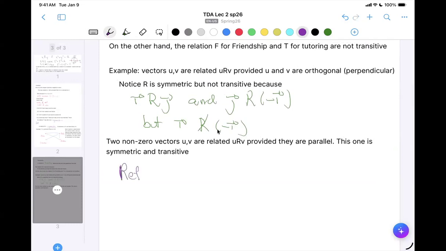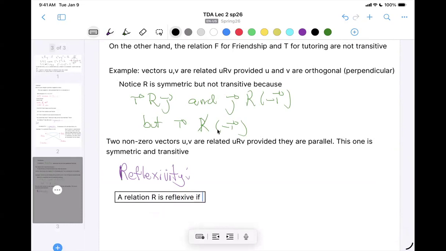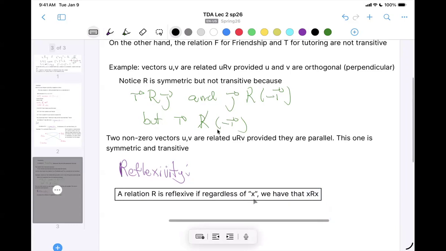So, reflexivity. You say that a relation is reflexive if it's always the case that X is related to X, regardless of what X is.